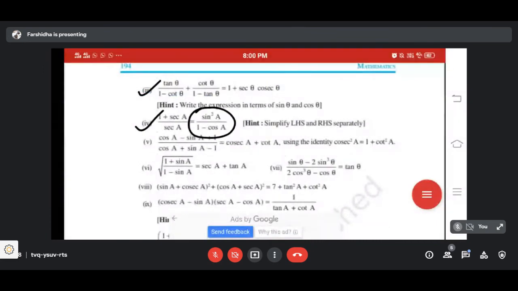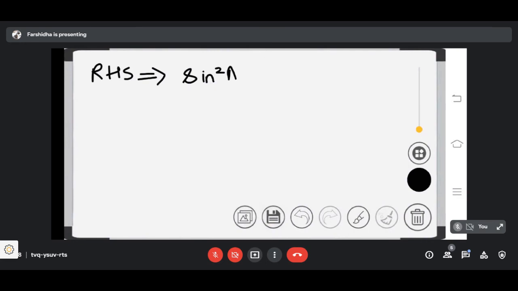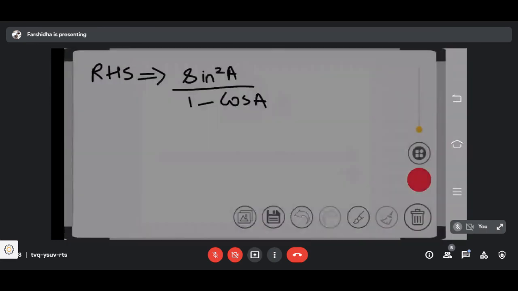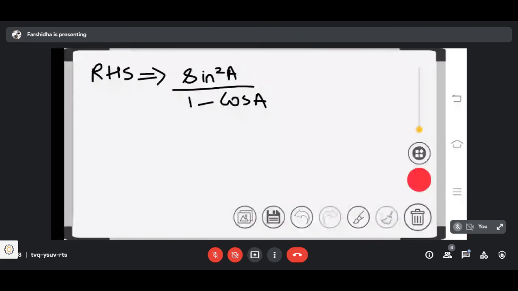Sine square A by 1 minus cos A. So we'll simplify this one, sine square A by 1 minus cos A. So I can write sine square A equal to 1 minus cos square A. Using sine square A equal to 1 minus cos square A, that is.